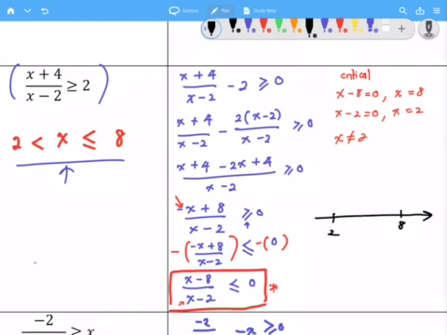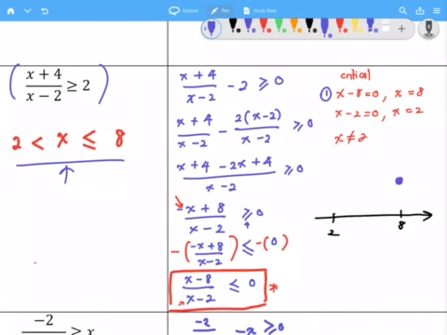Okay, let's look at our first equation, x minus 8. If you substitute the value of 8 inside this x, we get 0. So if we calculate this equation, we still get 0. Then it means that we can include the value of 8 in our equation.